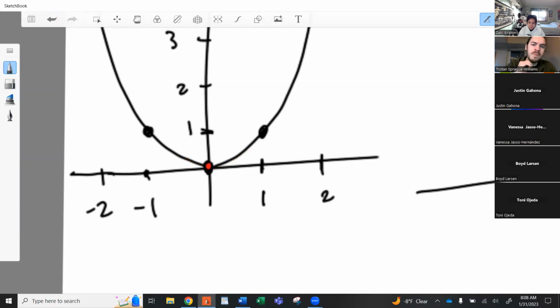What do you think the slope of the tangent line is at that point, where it bottoms out, the minimum point? Zero. That's right. It's 0.